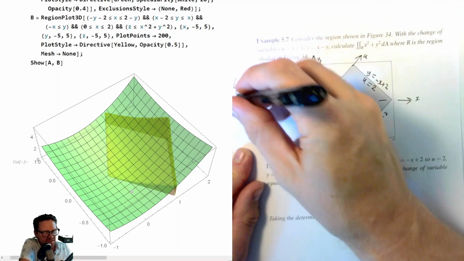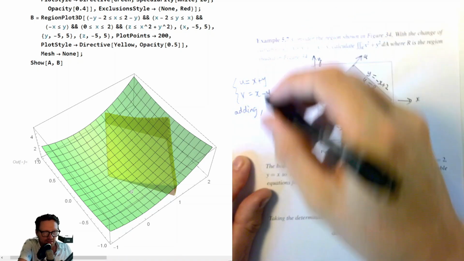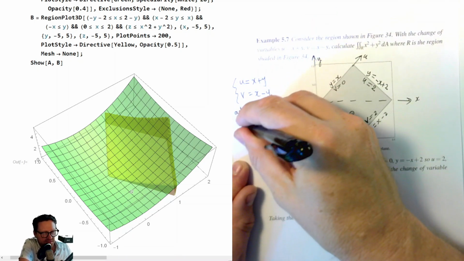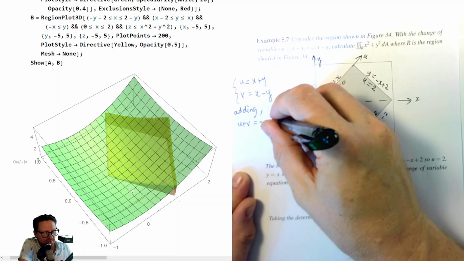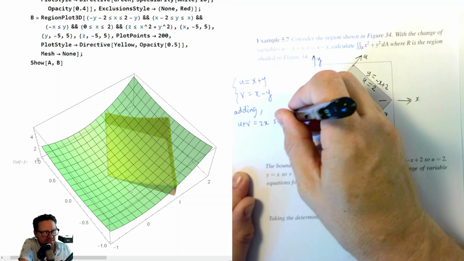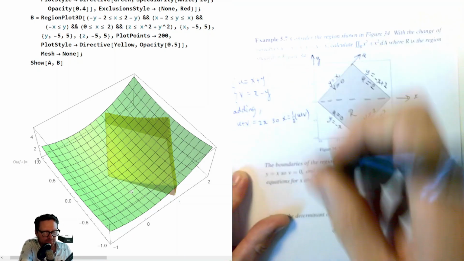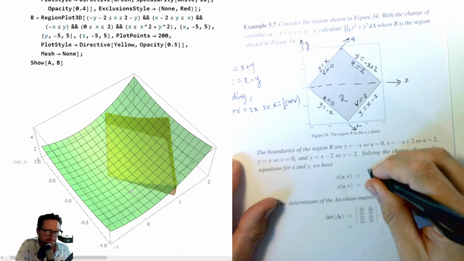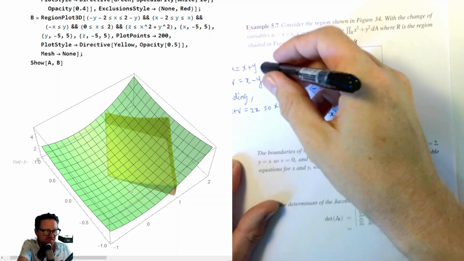So if we take this and add, well, the sum of that says that u plus v is 2x. So we get x is equal to 1/2 (u plus v). Okay, so we can write that down here. Half (u plus v).